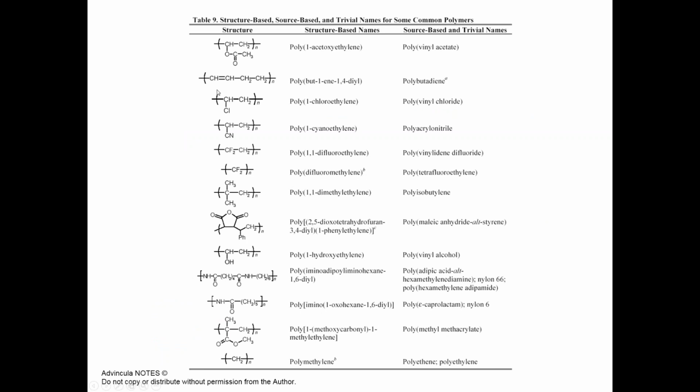Now, other common polymers are shown here. Polyvinyl acetate, polybutadiene, polyacrylonitrile, polyisobutylene, polyvinyl alcohol. Without going through the actual uses of these monomers, these are very common polymers that are commodity produced. This is how they are named and their chemical structure.